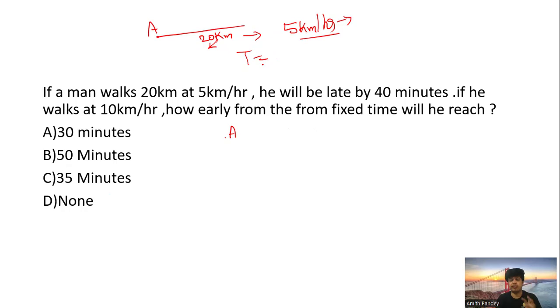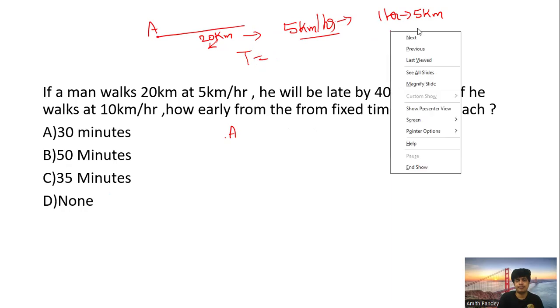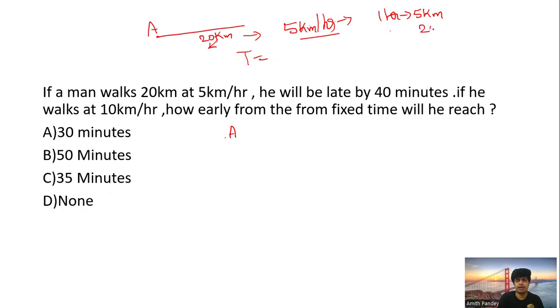Don't use the formula for that. 5 kilometers per hour means in 1 hour, 5 kilometers. So 20 kilometers he will cover in obviously 4 hours. If you feel, no sir, I want to use a formula, you can do 20 by 5, that is again 4.